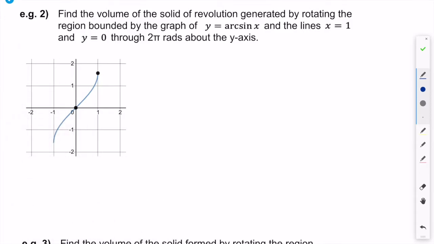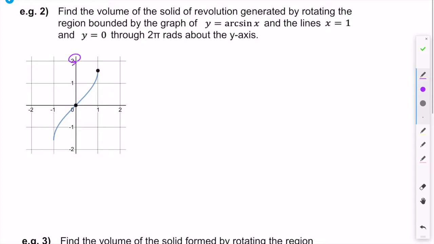Here is example 2. Find the volume of the solid of revolution generated by rotating the region bounded by the graph of y equals arcsine x and the lines x equals 1 and y equals 0 through 2 pi radians about the y-axis. So here we know that we're going to be rotating in this direction, which means that I must have a function of x in terms of y, and also I need to know my boundaries.